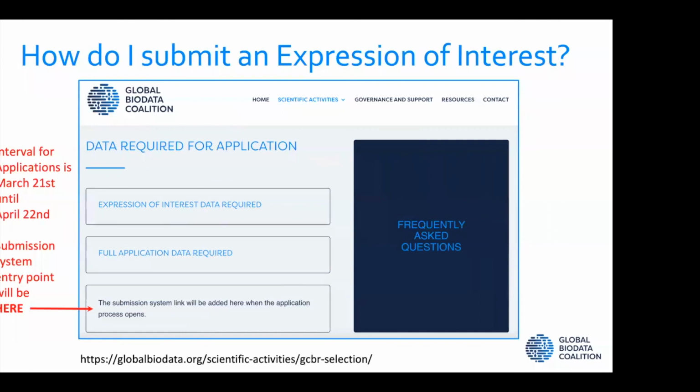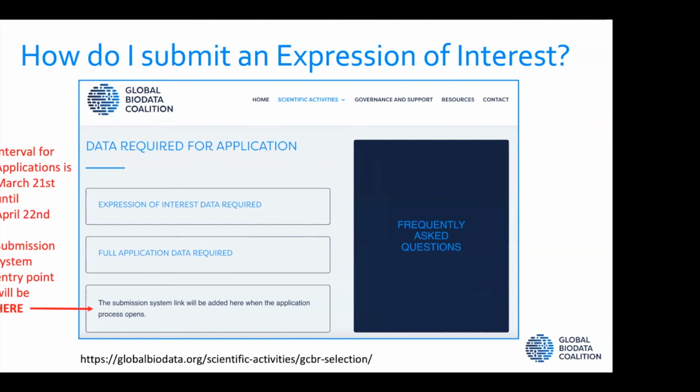So that you can prepare in advance, the 2 boxes above, the expression of interest data required and the full application data required, link to the supplementary data files which describe point by point what the questions are in the expression of interest stage and the full application stage. So you have that information in advance and have plenty of time to prepare.